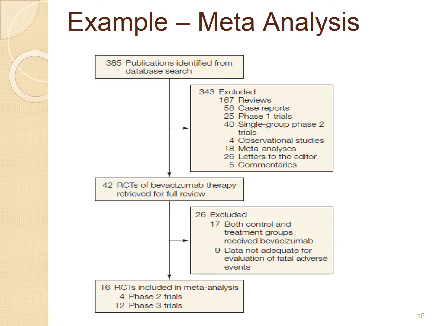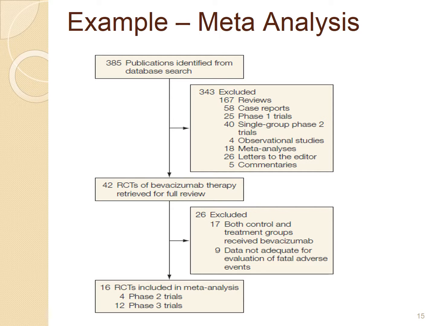From these 42 trials, 26 were excluded because in 17 of them both the control and treatment groups received bevacizumab, and in 9 of them the data did not include adequate evaluation of the fatal adverse events.